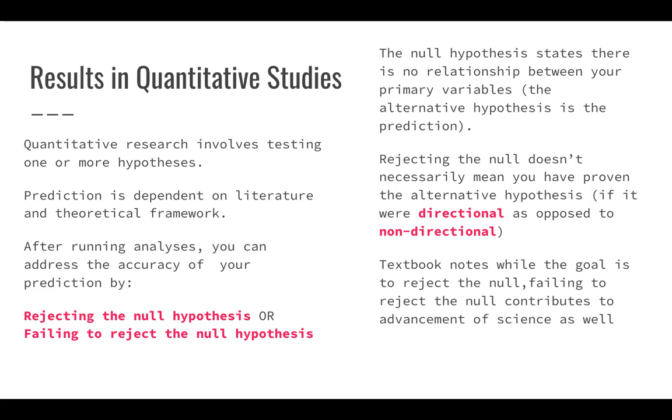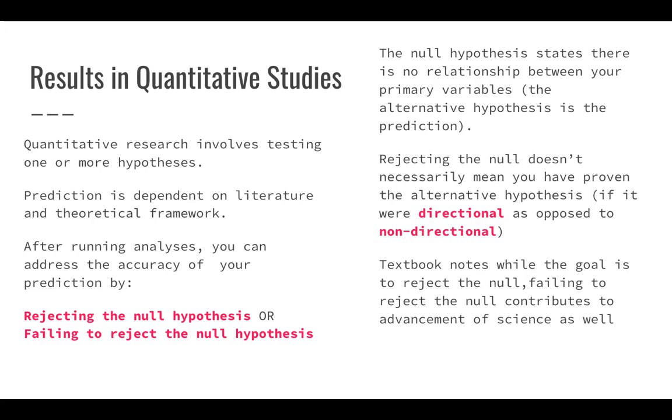Now, what happens if your research suggests that, in fact, there is no relationship between the primary variables? Well, now what you have is a failure to reject the null hypothesis, and that's how you state it. It's not a failure to prove the alternative hypothesis, and it's not an acceptance of the null hypothesis.